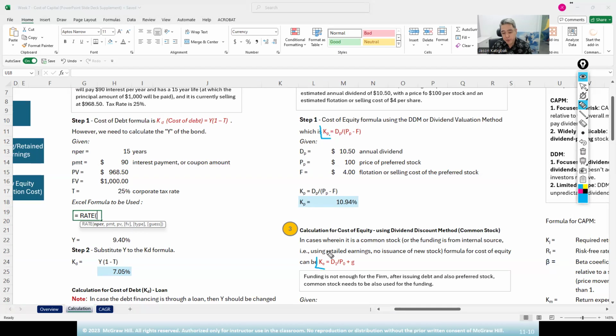P is for preferred stock, E is for the cost of equity, P subscript P is for the price of the preferred stock, P0 is the price of the common stock as of the issuance date, as of today, and G is the growth rate.